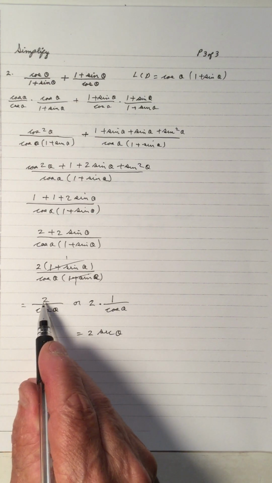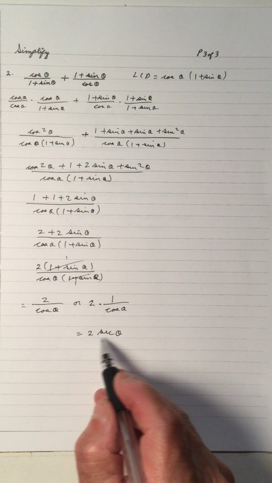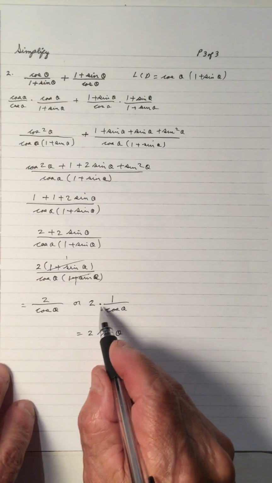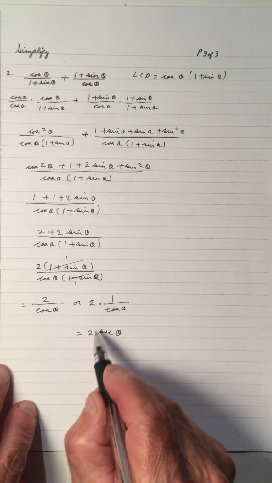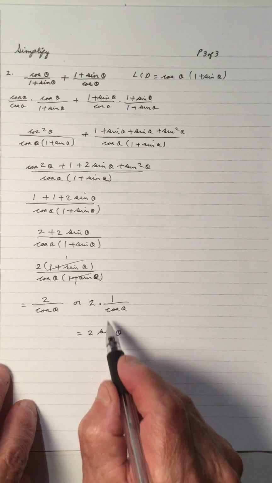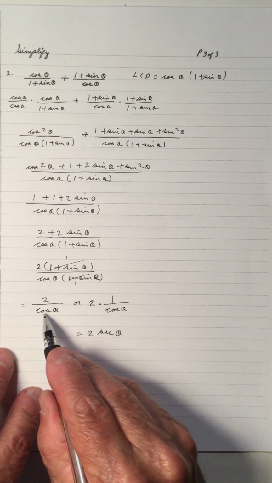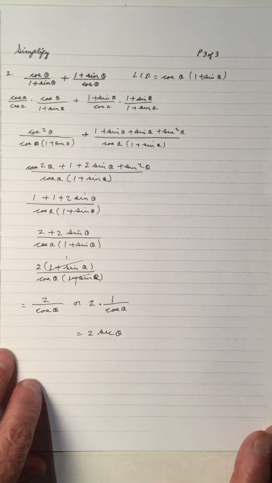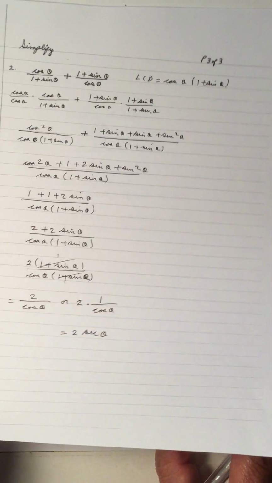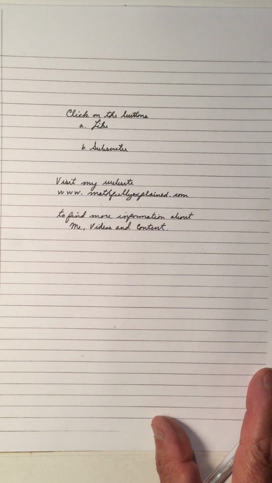So you could have 2 over cos theta, or you could have 2 times secant theta. Notice I did this extra step right here to show you how I got the secant. 2 times 1 over cos is the same as 2 over cos. Again, a couple of different examples to help you think.